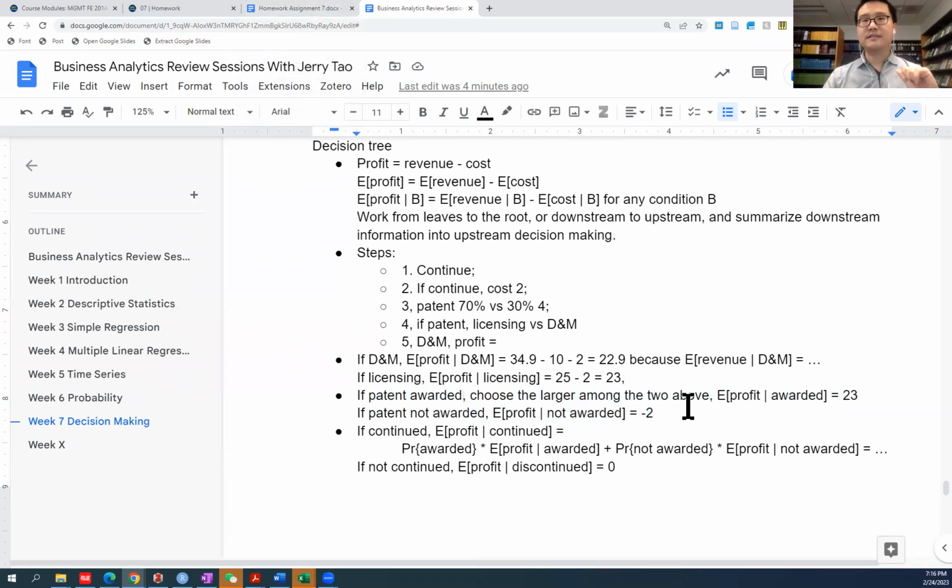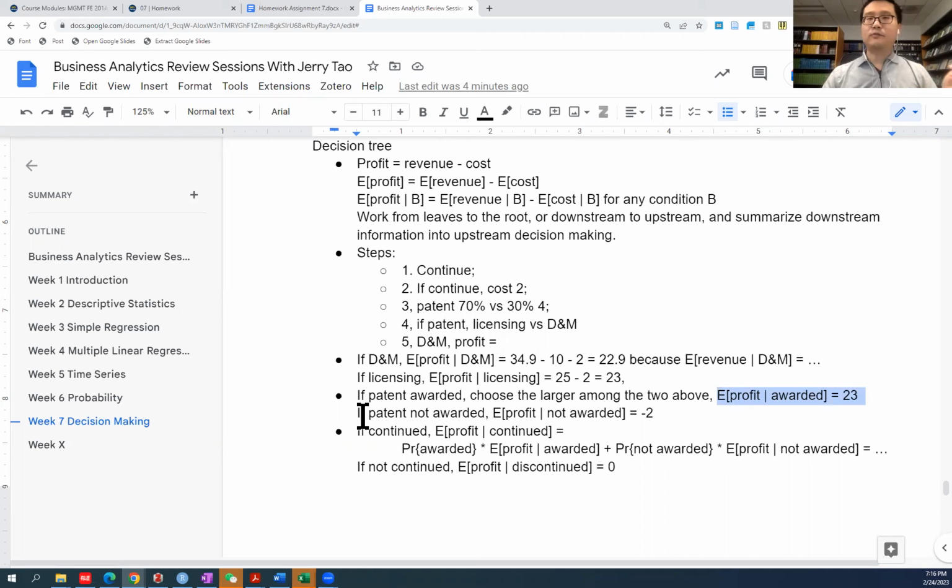So at this stage, if we already know we have the patent awarded, we will definitely do the licensing step and got 23. That's why the expected profit of patent awarded under that scenario is 23. There's no difference. We don't have to calculate further in this part.